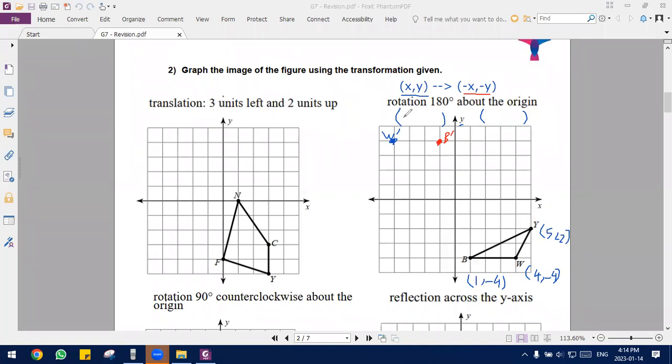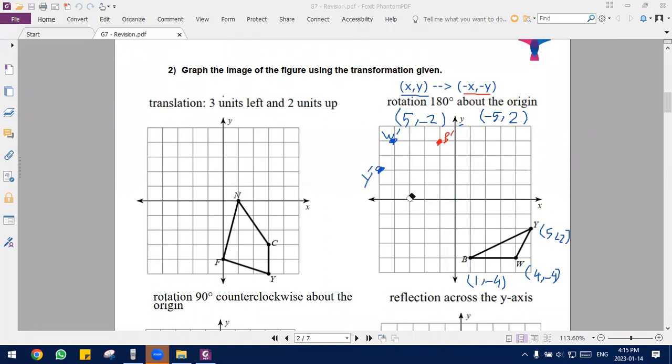And now the coordinate is 5, -2. The mapping notation says change the sign. So -5, 2. Now let me place this point on the graph. -5, and then +2, I should go up by 2. This is Y prime.